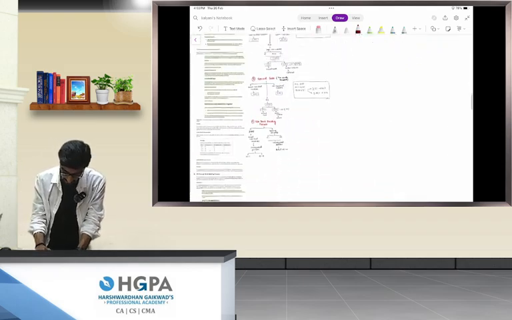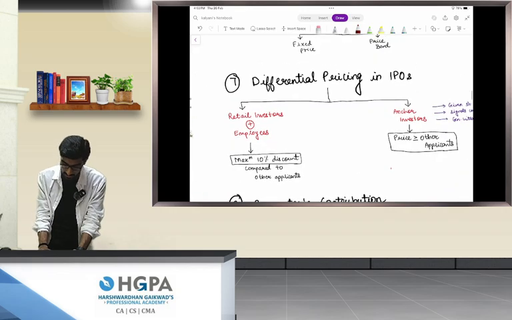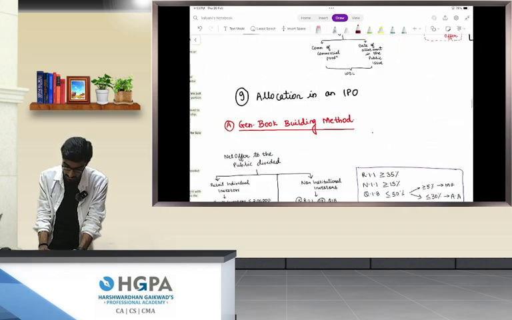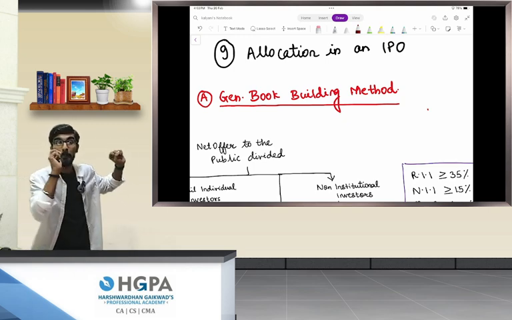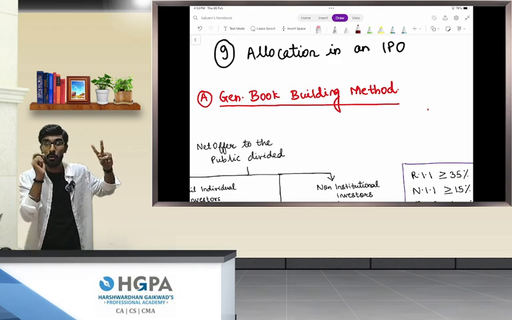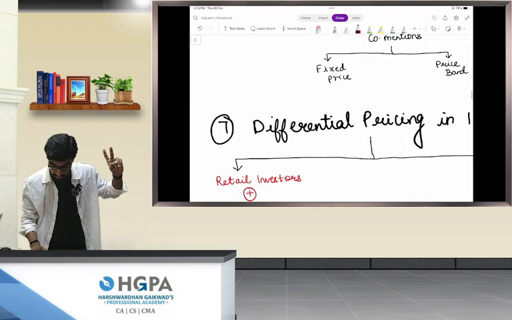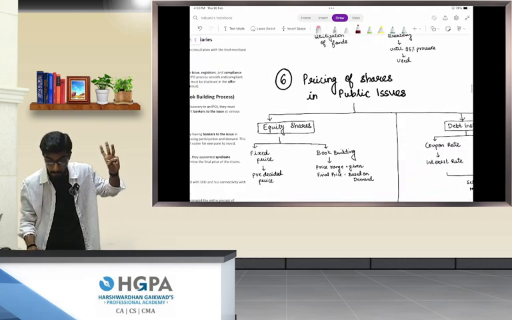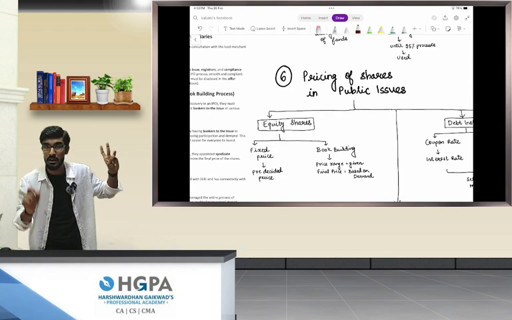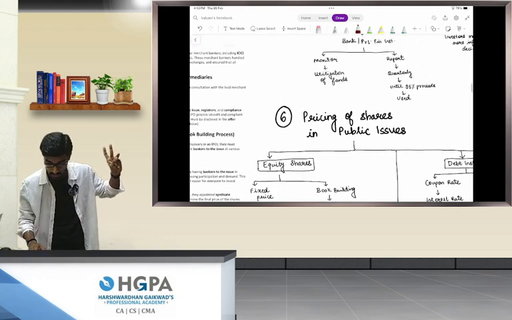The last concept is differential pricing. Last concept is allocation in an IPO. Now we understood how shares are priced. We understood what is the promoter's contribution. We understood the differential pricing. Next is pricing of shares in public issue for equity shares and for convertible debt instruments, how the pricing is done.